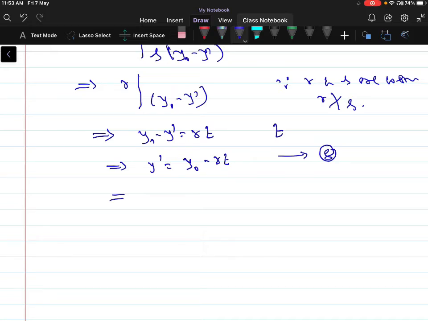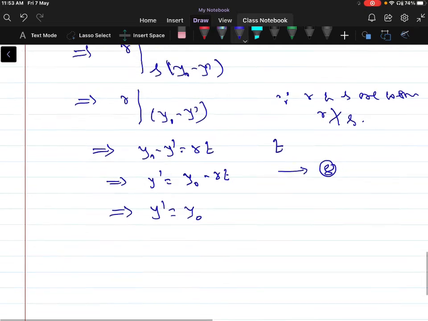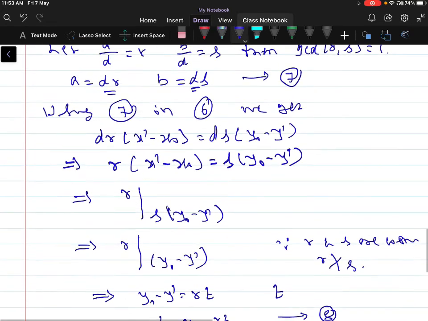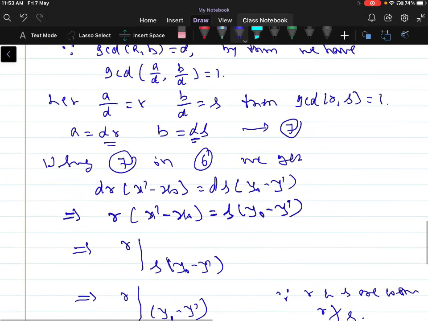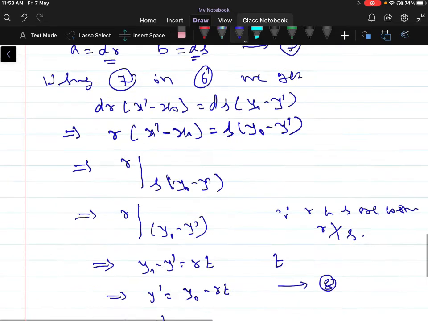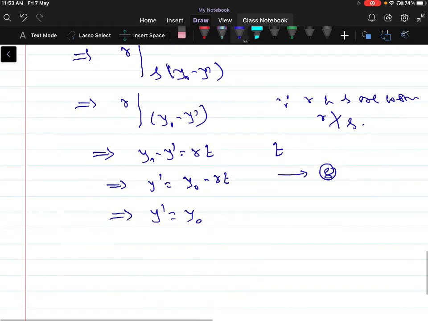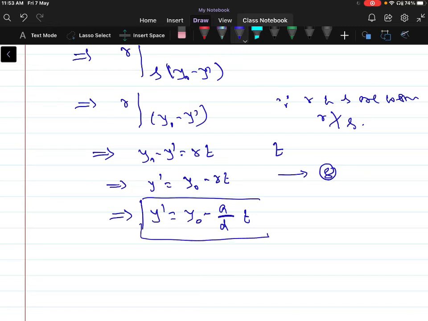So this implies y dash is equal to y naught, but r is equal to a by d, as you have taken. So this implies y dash is equal to y naught minus a by d into t. So this is one solution. This equation is called equation number 9.